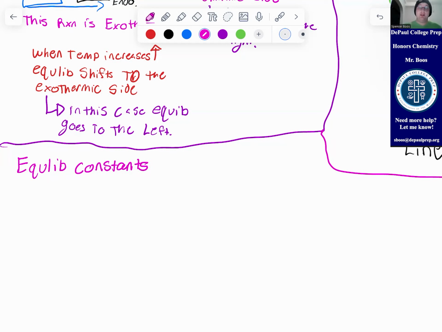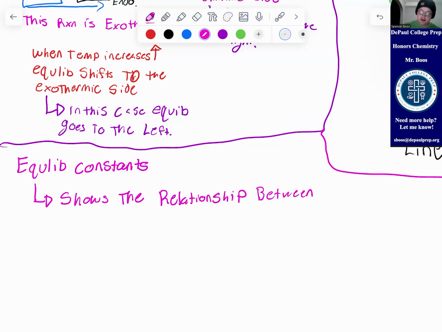So, an equilibrium constant shows the relationship between all of the products and reactants.